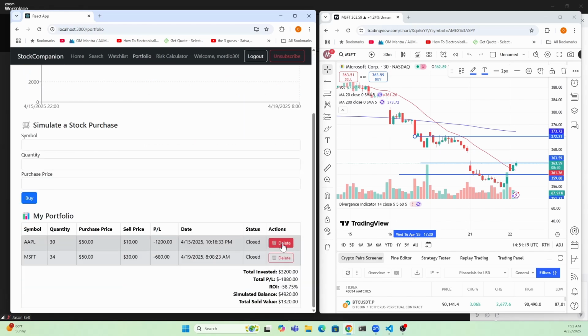Now, these are old trades we had from the past. We could just add an extra trade in there. So our stock symbol is, of course, Microsoft. Our buy price was 363.